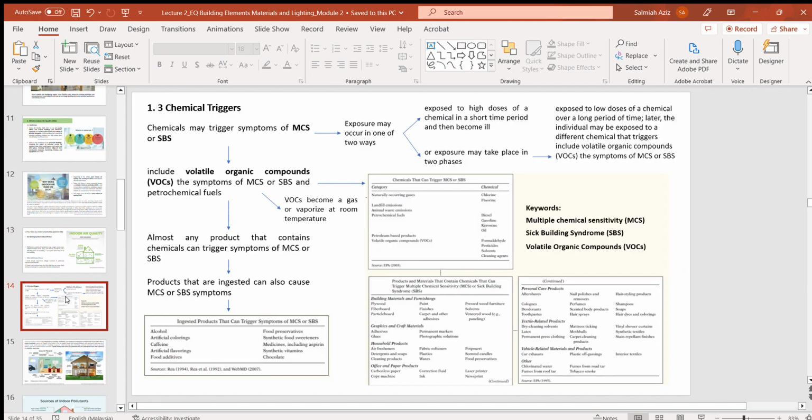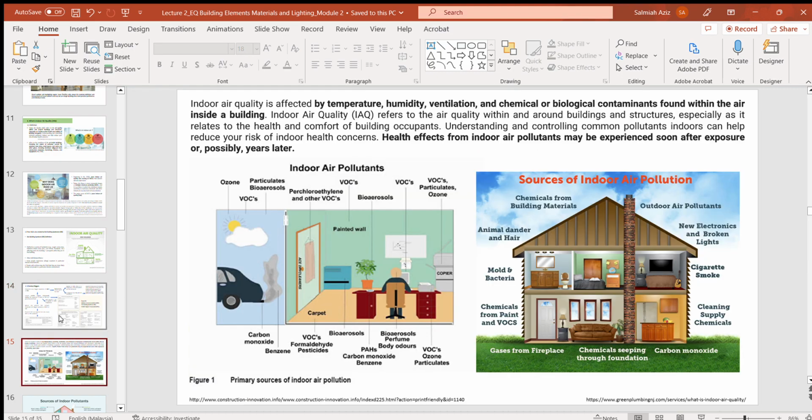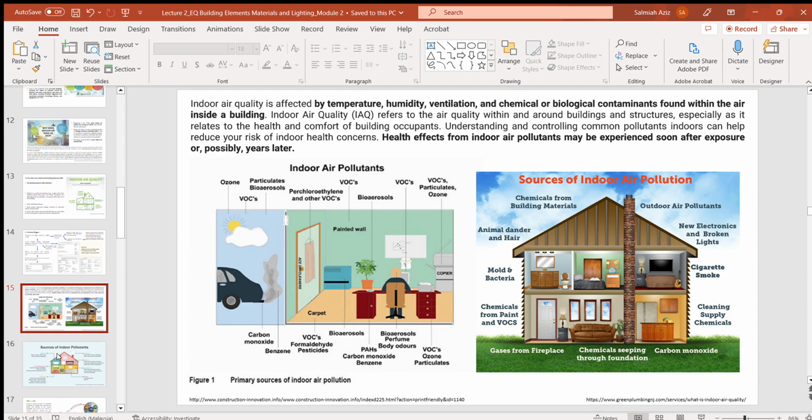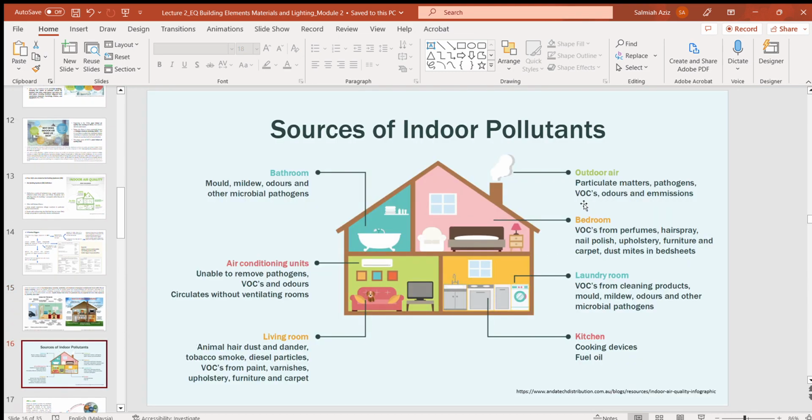Okay, this is the same thing, you can check. This is important. So these are indoor air pollutants, which I just mentioned. And this is also the same thing, the source of indoor air pollution, which you can look at and study on your own later on. Sources of indoor pollutants are the same as well. If you go into detail: bathrooms, such as mold, mildew, odors and other microbial pathogens; the air conditioning unit as well, so it is a pollutant for the building.